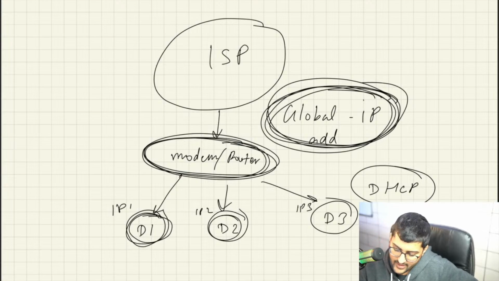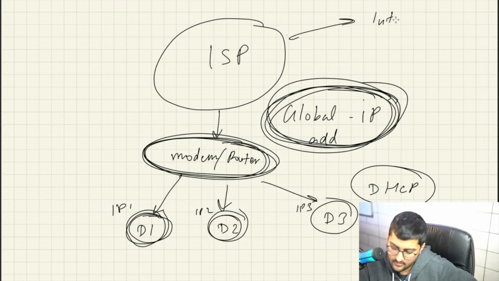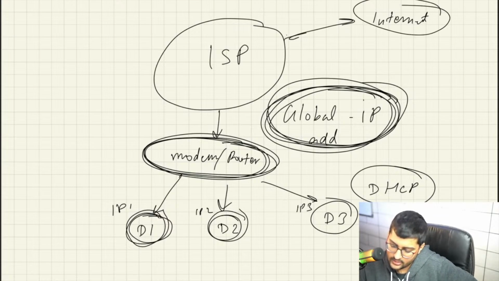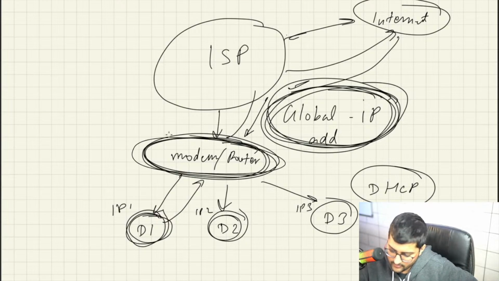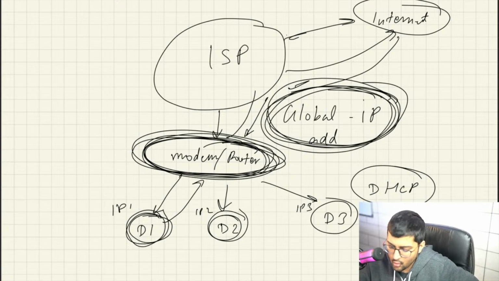And when the request comes back from Google, this is connected to the internet. I'll talk about how ISPs work later on. So you send a request to google.com, your ISP sends a request to google.com, and it returns the response. Now the modem, the router, will decide who was the one who made the request. Was it device 1, device 2, or device 3?